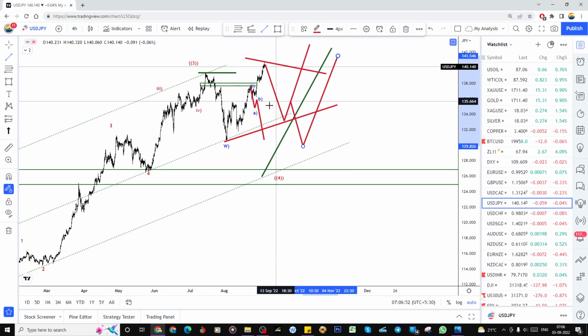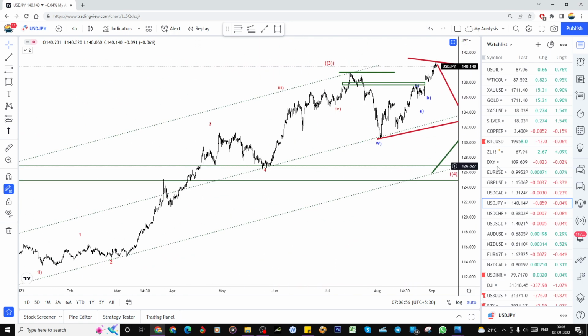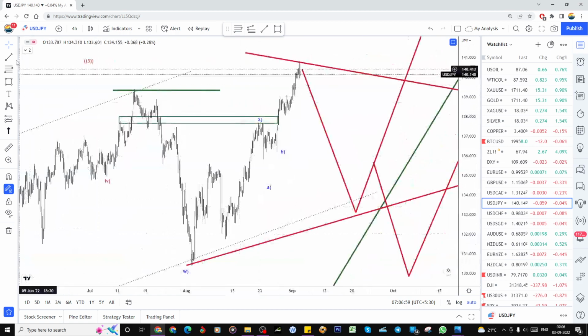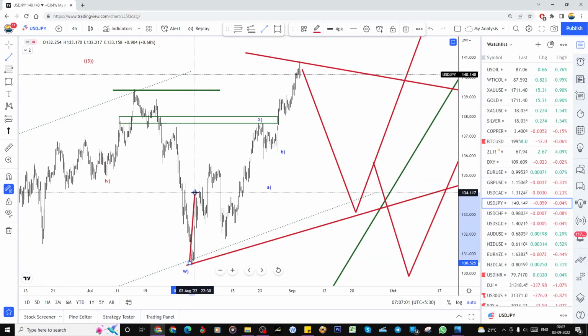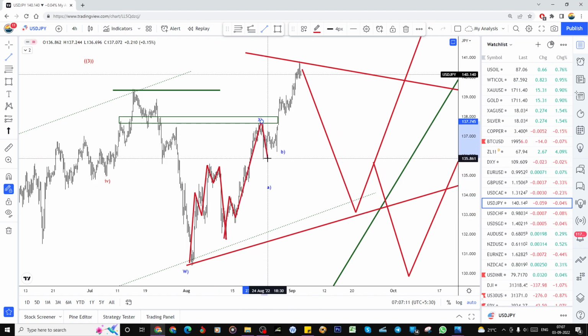Look at this, I'll just clear this. What I thought was this is the one, A, B, C, A, B, C. After that I'm expecting this A, this B, or 1, 2, 3, 4, 5, and I'm expecting this one from here.